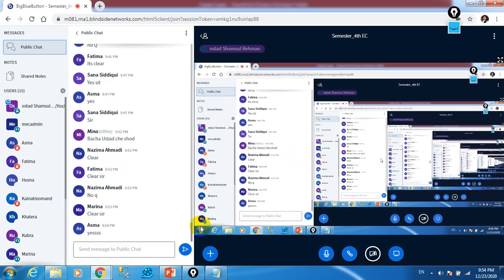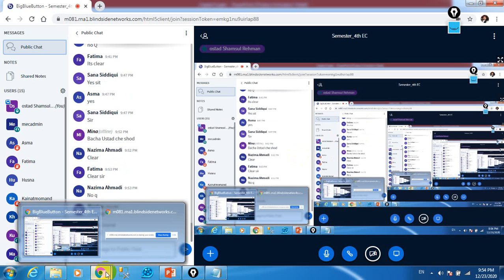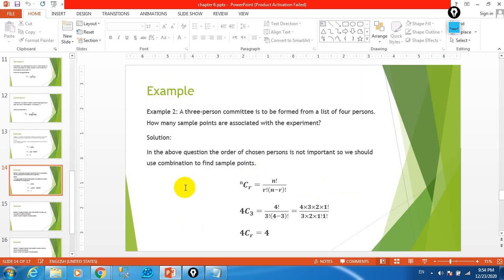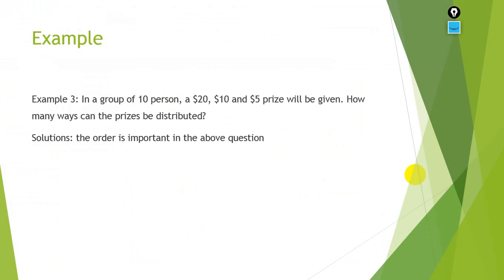So now I have the next question for permutations and combinations. Look at this: in a group of 10 persons, a $20, $10 and $5 prize will be given. How many ways can the prizes be distributed?